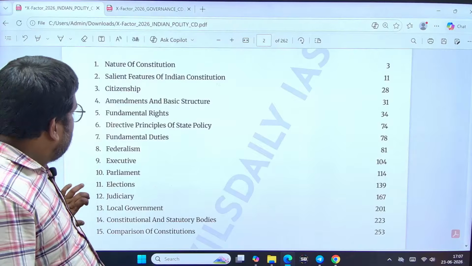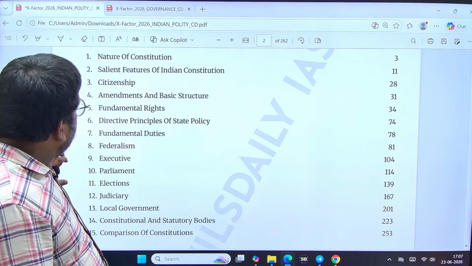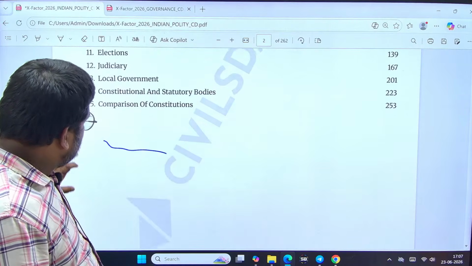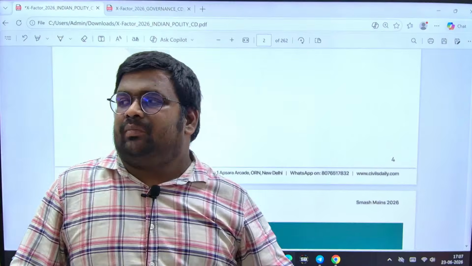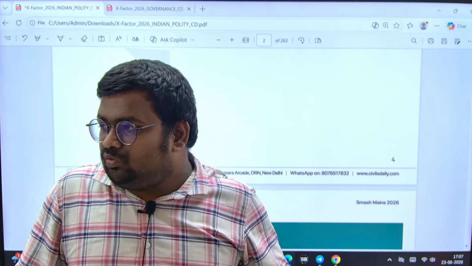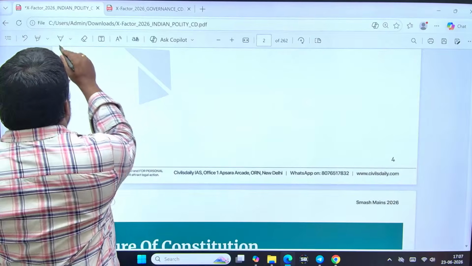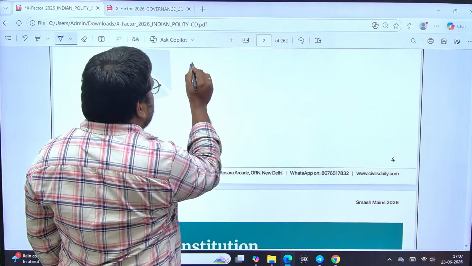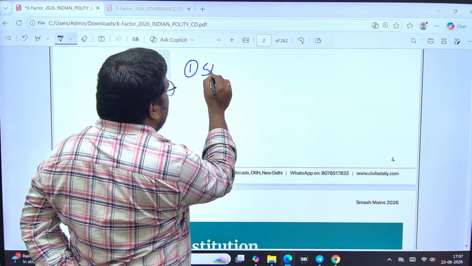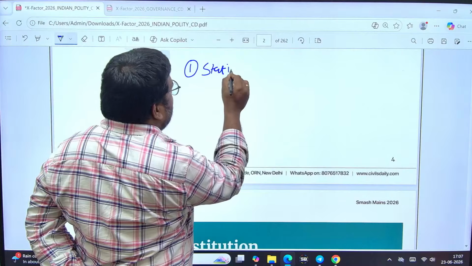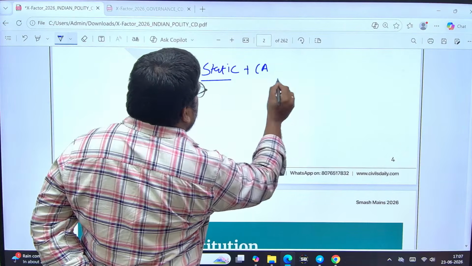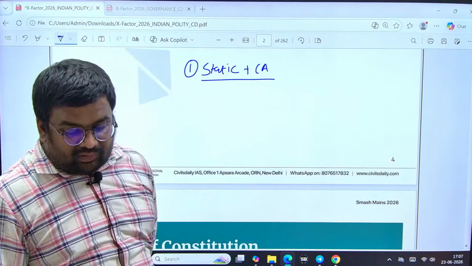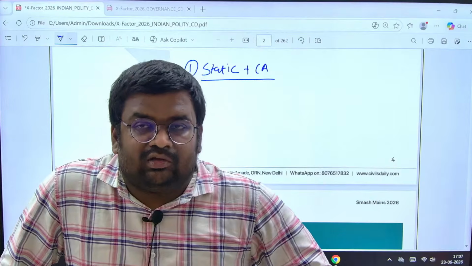Now if you go topic wise, first I will briefly summarize the idea behind the X factor notes. The first is to cover your static plus your current affairs.